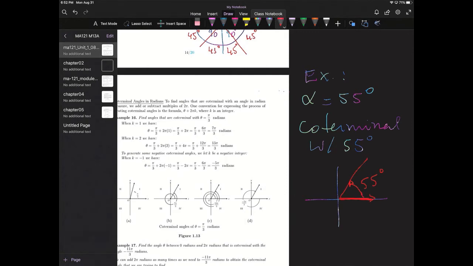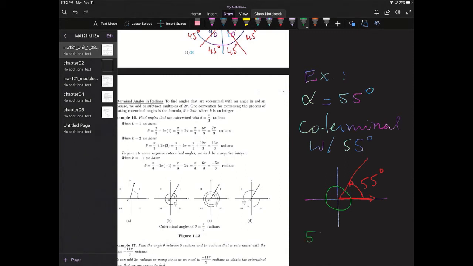Now I want another angle that starts the same way and ends in the same position, but it's not 55. So if I add a full rotation from here and come back to the same position, I get the same, right? It's basically just adding 360.